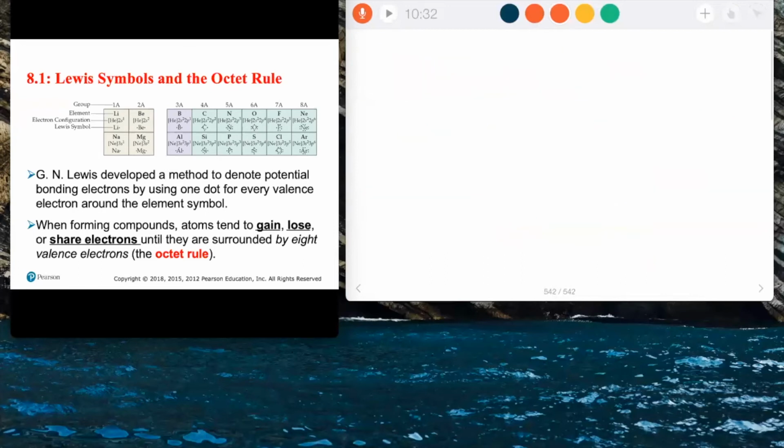As I said earlier on, Gilbert Lewis was an American chemist who proposed that when elements on the periodic table react, they make use of their what? Valence electron. When elements form chemical bonds, they make use of valence electron.